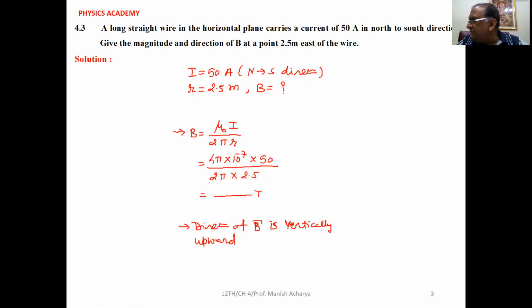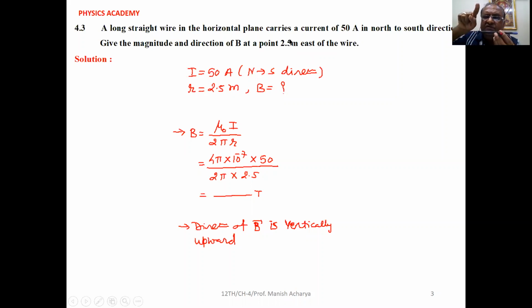Suppose we consider the directions in this way. So this one is north, this is south. So current is from north to south. So if we place the right hand thumb in the direction of current, then fingers are going downward from this side.